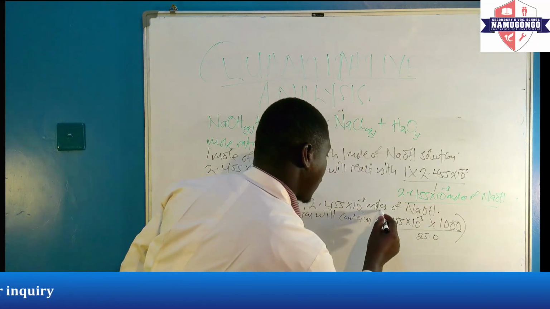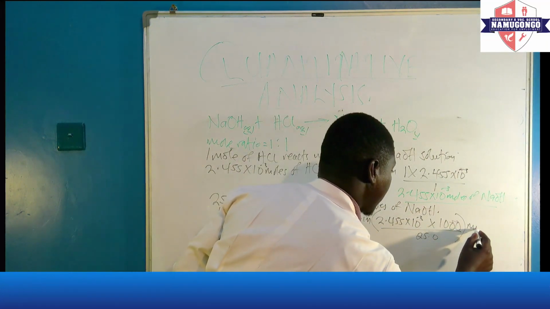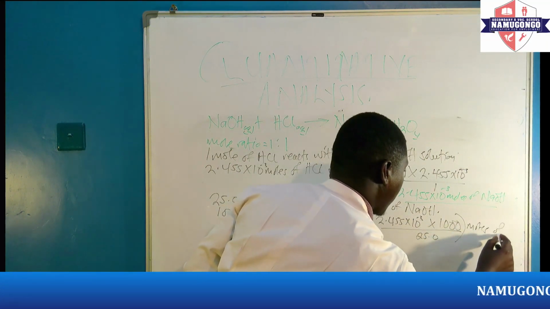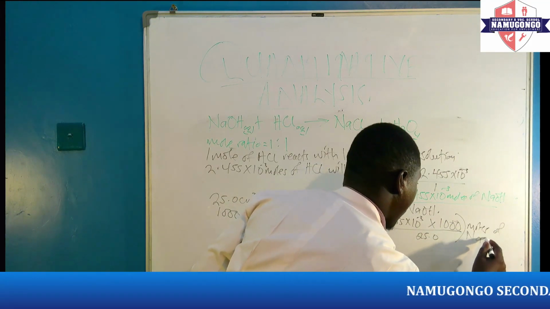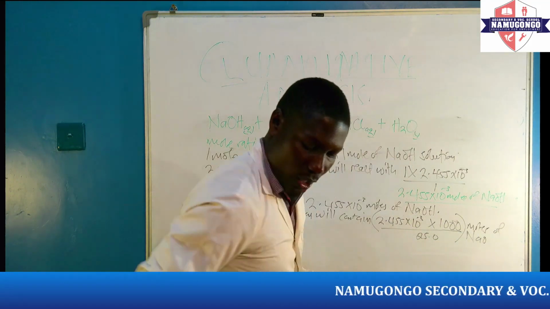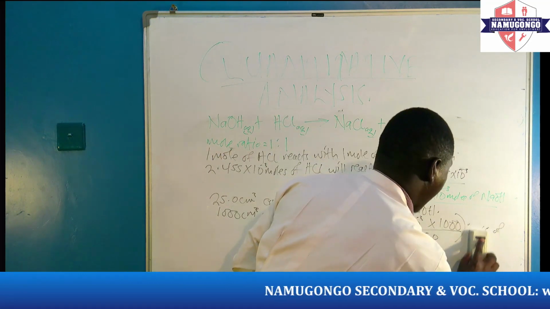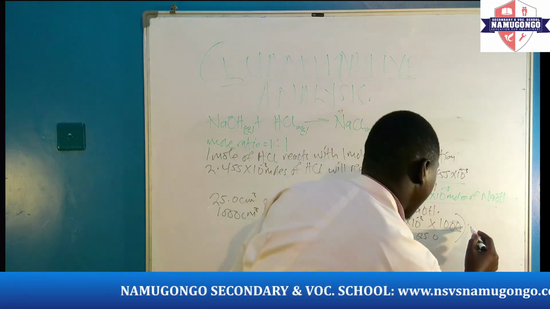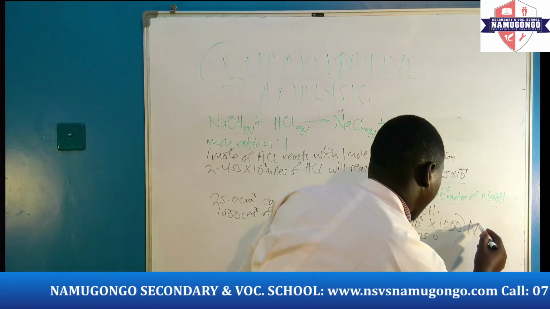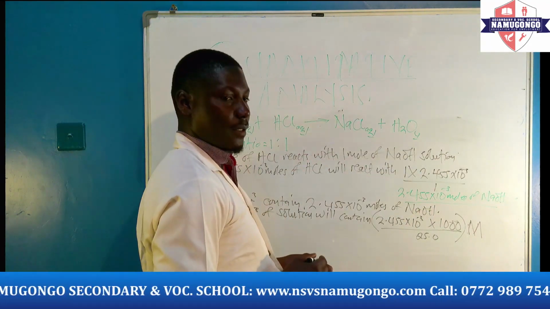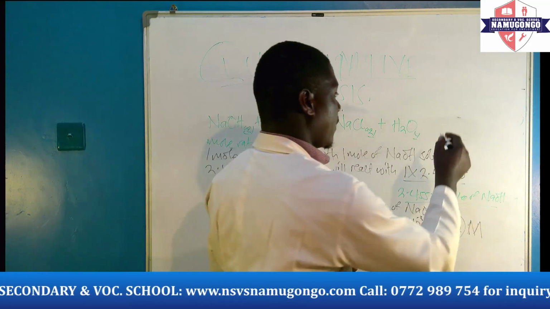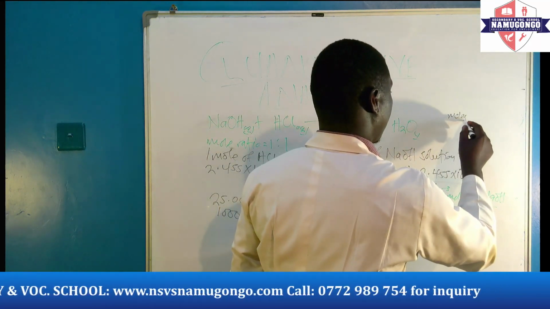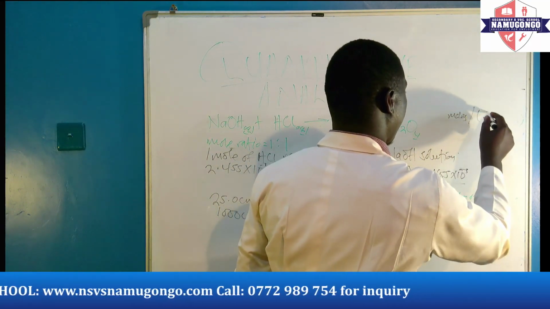This is not actually moles of sodium hydroxide. This is now molarity. And for molarity, we give it capital M to represent molarity, or sometimes we can call it moles per liter.